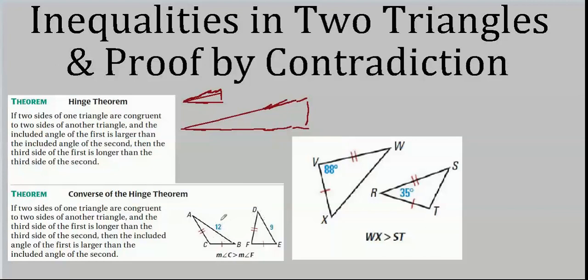That's about all these theorems say. The previous video made that statement for the angles within one triangle. Now we're making the statement for comparing two triangles and saying that the side of this triangle is larger than the side of this triangle because the included angle here is larger than this one.